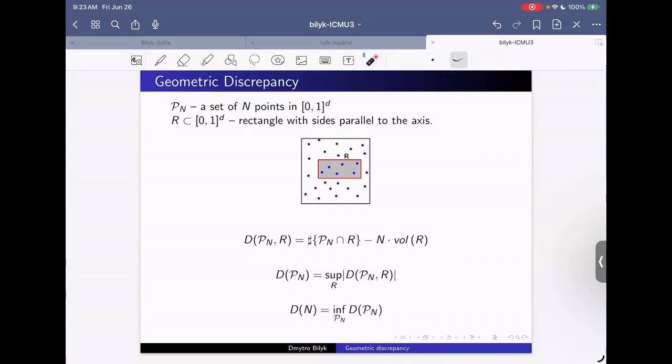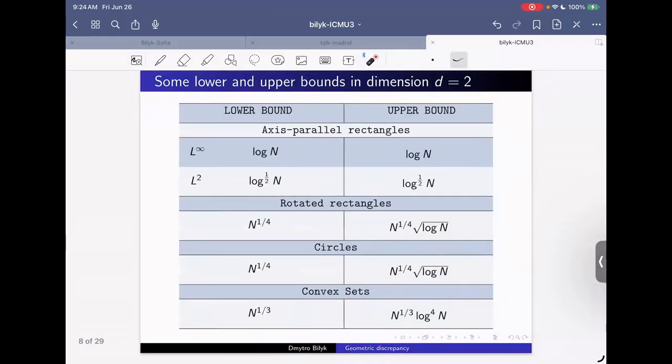And that was also the birth of geometric discrepancy in some sense, because then after that people started studying other families of sets, so not necessarily axis parallel rectangles. So you can also look at other sets, and this is a slide that you have also already seen. So these are some of the classical examples of families. So this lecture number 1 was about axis parallel rectangles.